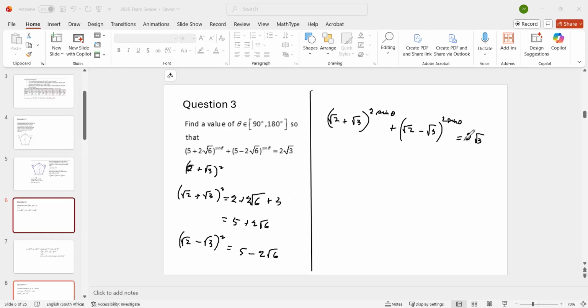Now you see that this 2 root 3 is really the difference between these two. You have to subtract them. And so it looks as if this thing here should be equal to 1.